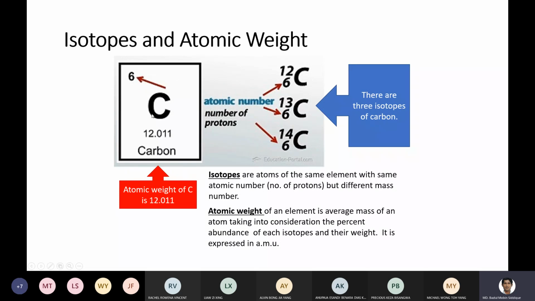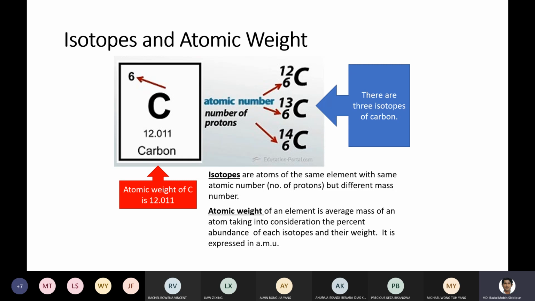So you cannot change the proton number for any element. If the proton number is changed, that is not that element anymore. For example, if we change it to 7, it will not be carbon anymore, it will be nitrogen. Or if we change it to 5, it will be boron.